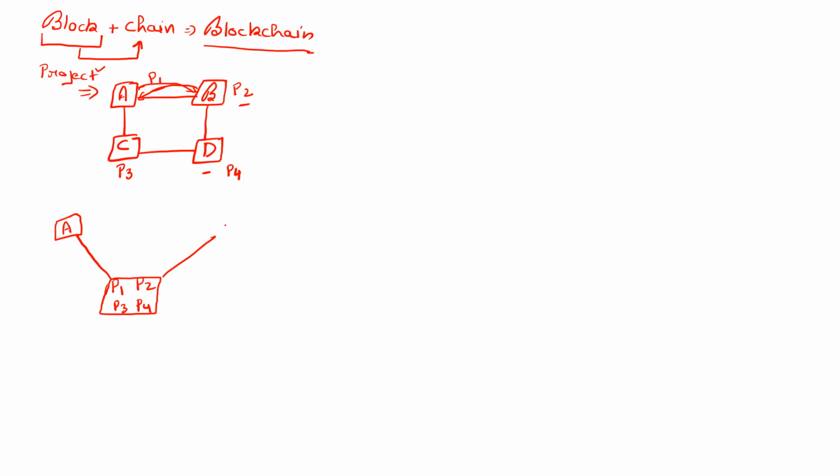A is directly connected with the centralized database, B directly connected, C directly connected, and D directly connected. So whenever B needs information related to P1, it can directly get it from this database, right? And if D wants it, it can directly get it from the database. But yes, authentication is required, right?